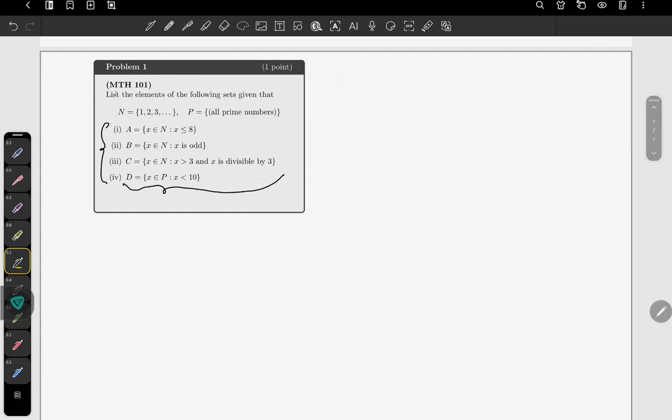We're given a description of the sets, and we're asked to list their elements. To do that, we need to understand what the sets N and P are. The first one, set N, is given to us as 1, 2, 3, and so on. It's simply the set of natural numbers, going on and on to infinity, countably infinite.